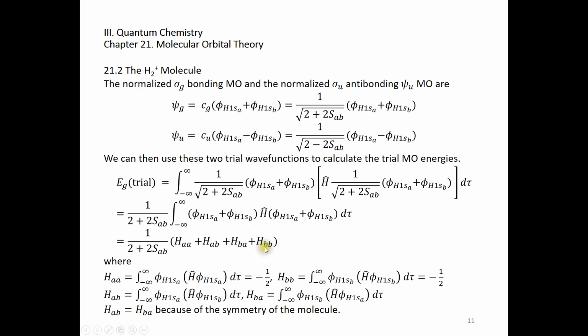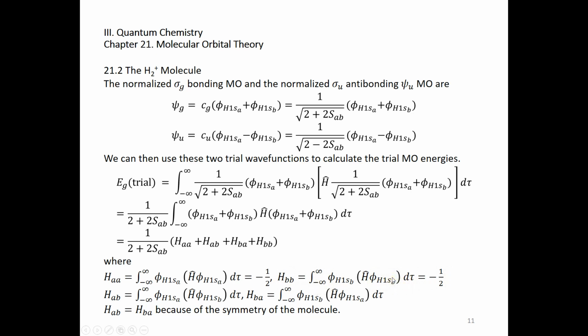So we have 1, 2, 3, 4 terms over here. H_AA is the integral of 1sa and then the Hamiltonian applied to 1sa. So really, this is just the energy of the 1s electron in the hydrogen atom. It's negative 1/2. H_BB is also negative 1/2.